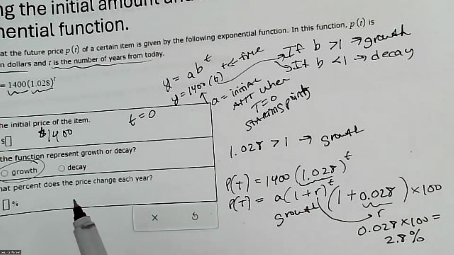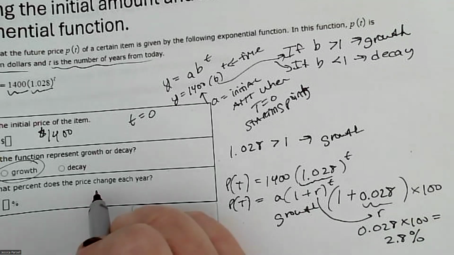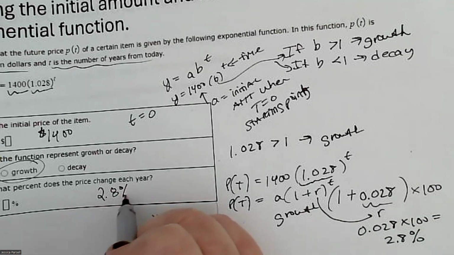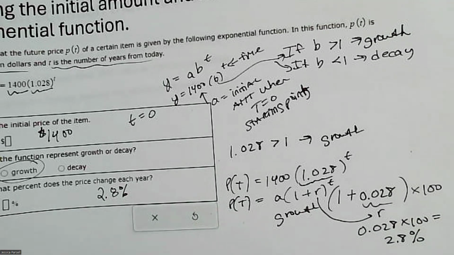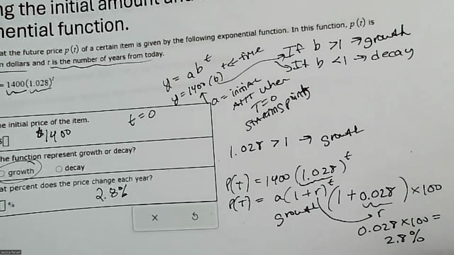So that was what percent the price changed each year: 2.8%. So we didn't have to do any crazy math for that. You just have to look inside of this, know that that piece right there is where your rate is, separate the 1 from the rest of it. And then once you get that little piece off of there, if you multiply by 100, that will give you your percentage.